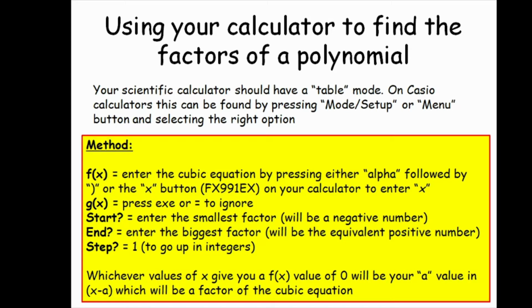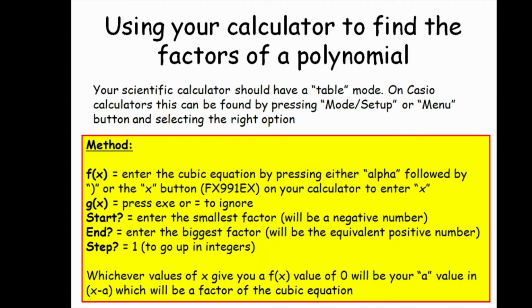Now, for this, you should have a variable x button on your calculator. It won't be the times button because that's going to be completely different, and you'll probably come up with a syntax error for that. So there will be a function for you to use x. Now, on an older calculator, not the FX991EX, what you might have to do is press the alpha button first and then select the closing bracket.